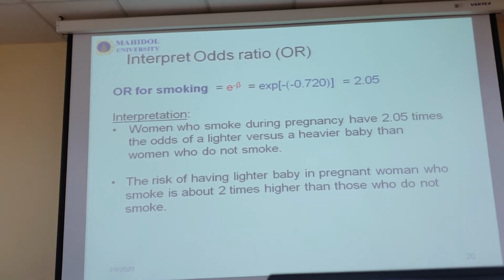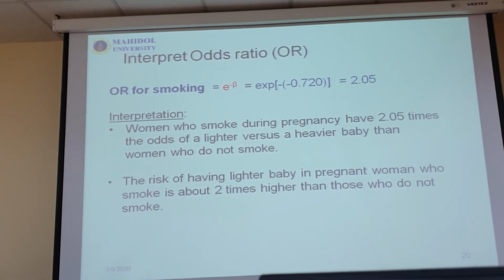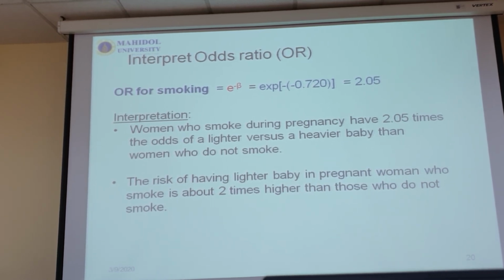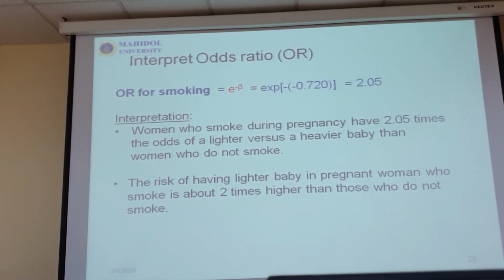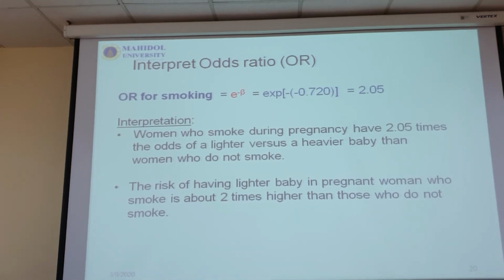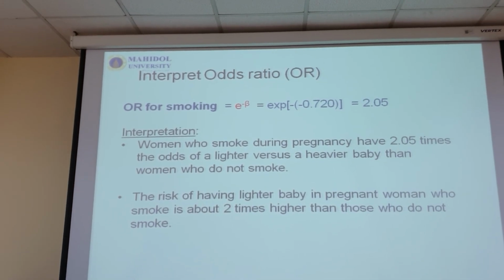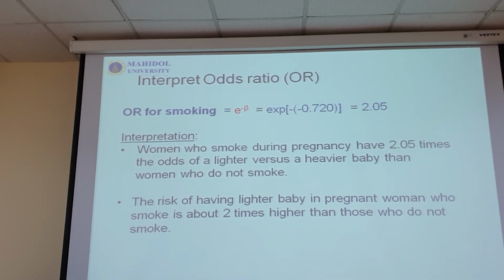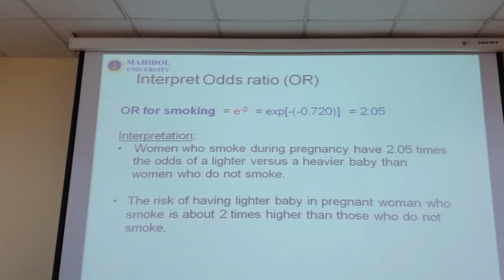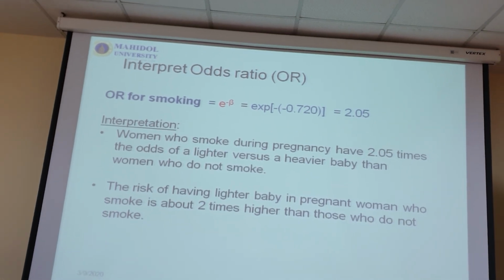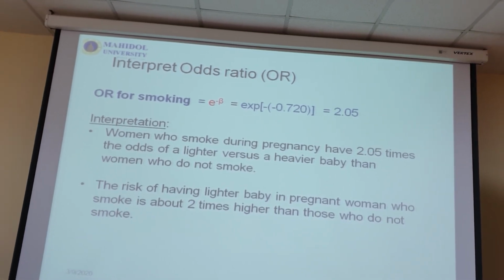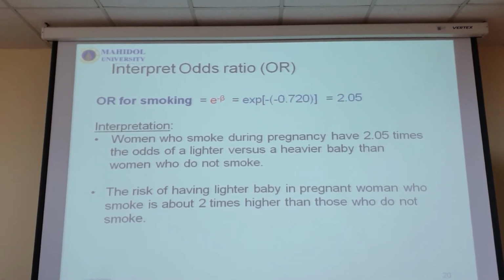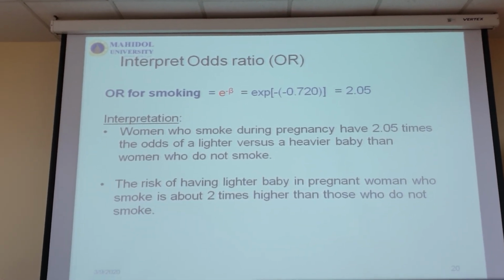Okay, 2.05. So how can we interpret it? Because our outcome is not just a binary outcome, the reference group is the non-smoking group, right? So we can interpret that women who smoke during pregnancy have 2.05 times the odds of a lighter versus a heavier baby than women who do not smoke.